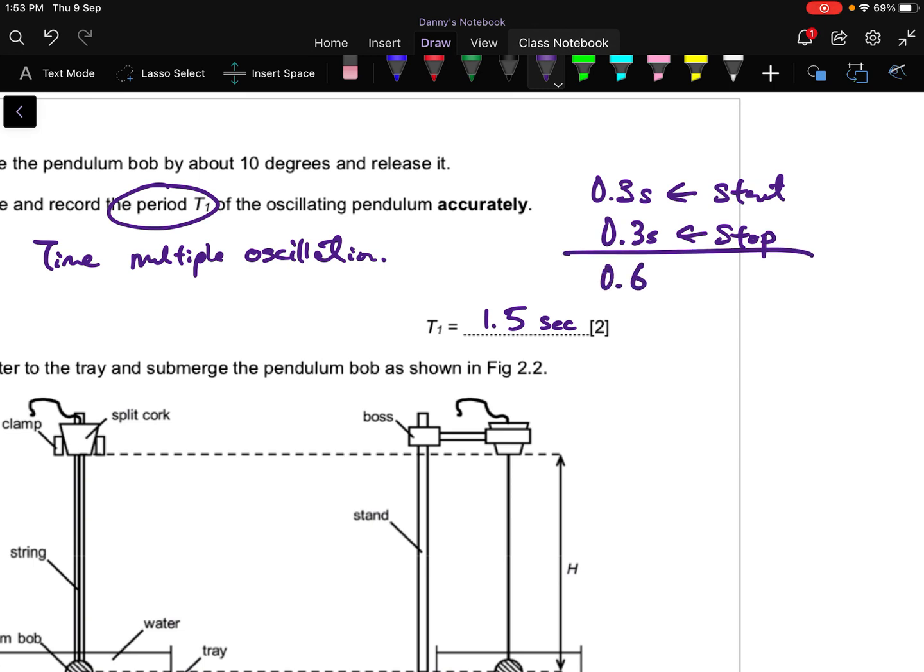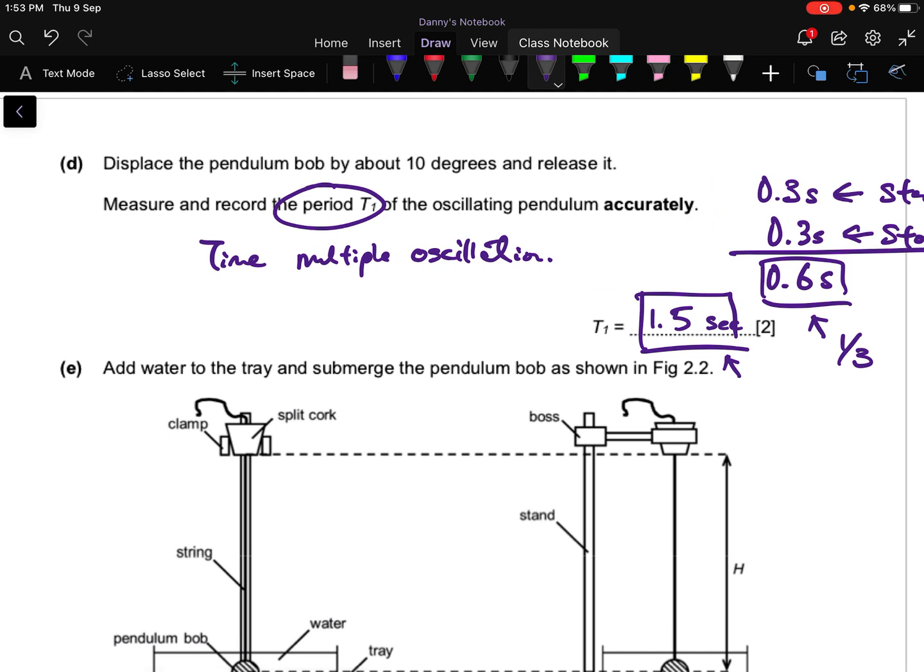So actually your total reaction time is 0.6 seconds and your period is 1.5. In other words, your error actually takes up almost 1/3 the amount of what you actually want to measure. So as a result, it is not a very accurate way to measure the period just by timing the time taken for one oscillation.